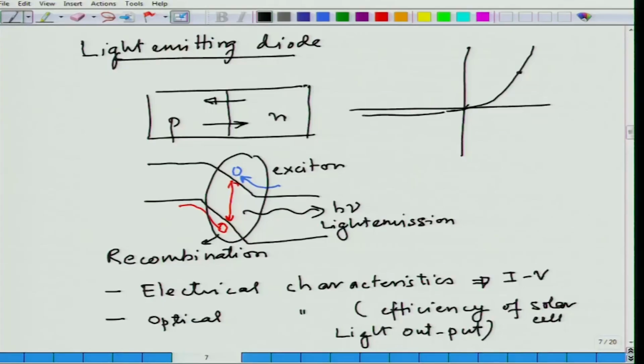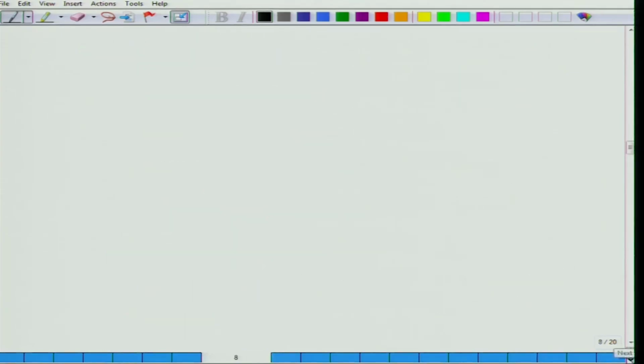So, let us concentrate on only the simple electrical characteristics of a p-n diode, where I am only interested in trying to figure out how I get the IV characteristics that I am getting for a p-n diode. Okay. So, we will start with this part and look at how we get the observed IV characteristics in a p-n diode.